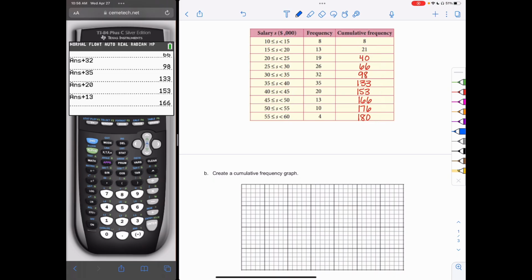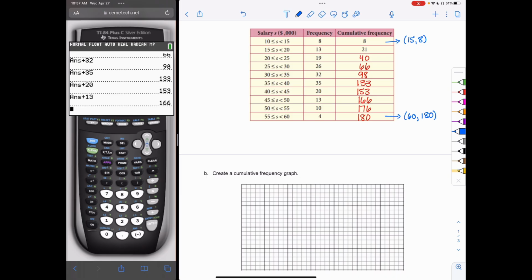For example, for the first row, for the salaries between $10,000 and $15,000, I would plot this point as (15, 8). For the last point, for the salaries between $55,000 and $60,000, I will plot this point as (60, 180).